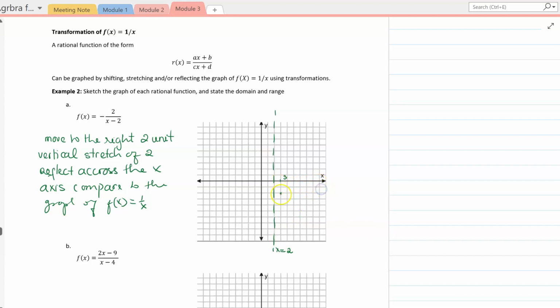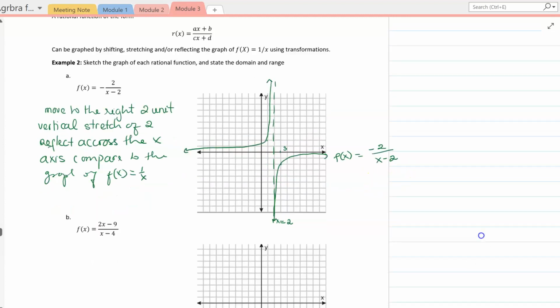Because it is the graph of a rational function. Again, on this side, it's going to look like this. We try our best to make it an accurate and smooth curve. So this is the graph of f of x equals negative 2 over x minus 2.